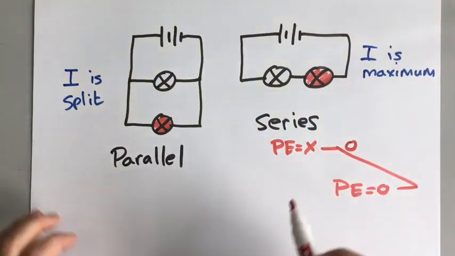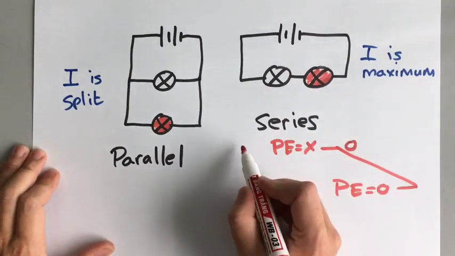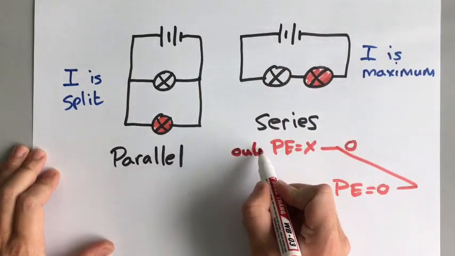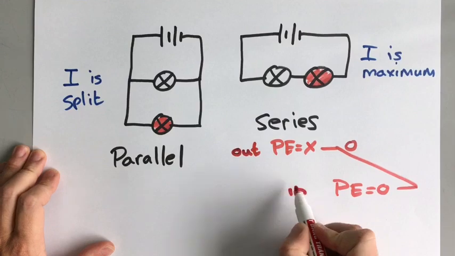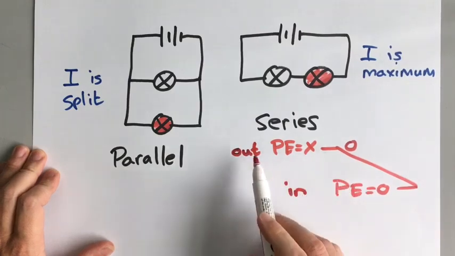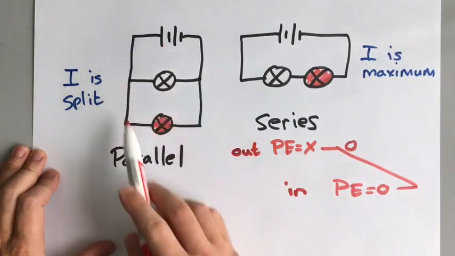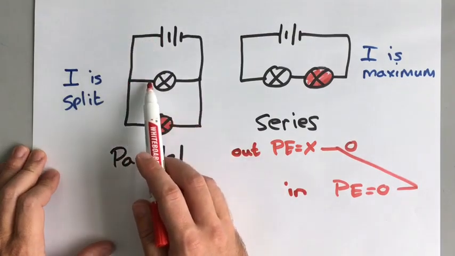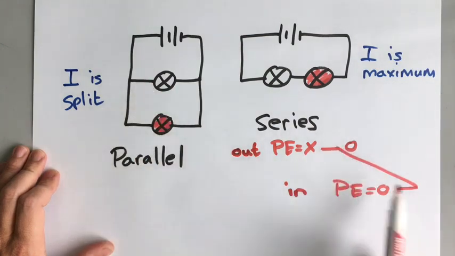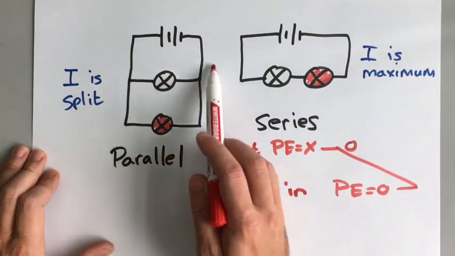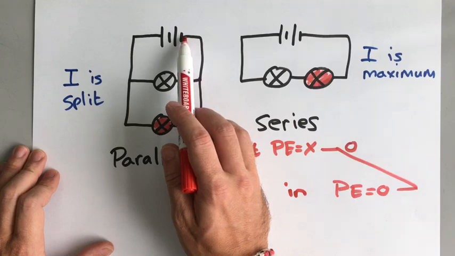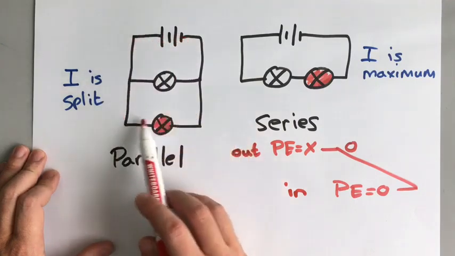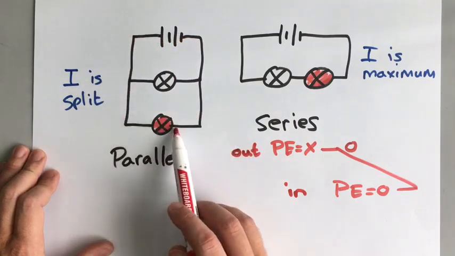Then if you transfer this example to our battery, this is as the electrons come out of the battery, and this is as they come back into the battery. So in your parallel circuit, it comes out of the battery, and when it gets to this bulb, it loses all of that energy, it goes down the whole hill, and then it comes back to the battery. Same with this bulb, maximum, minimum.